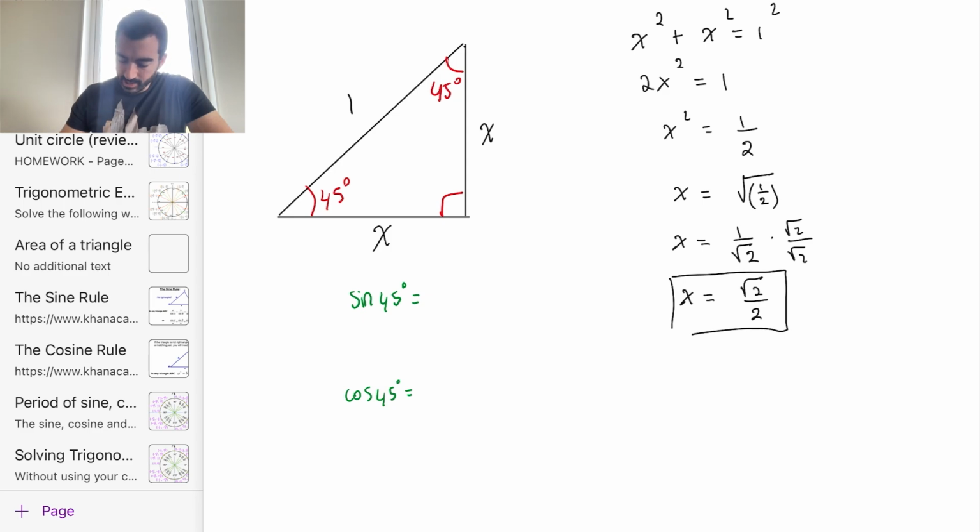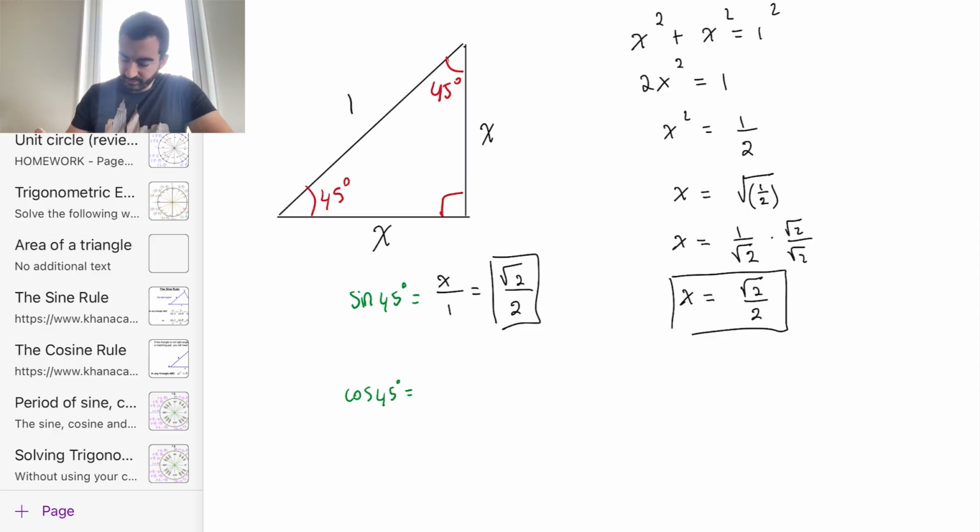That means the sine of 45 will be opposite over hypotenuse, which is x over 1. Since we know that x is root 2 over 2, it's going to be root 2 over 2 divided by 1, which is root 2 over 2. And this is the sine of 45.